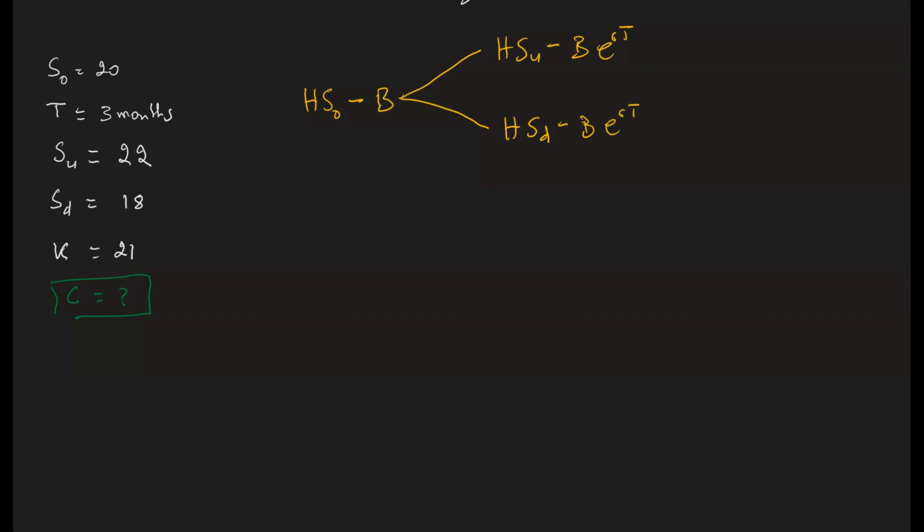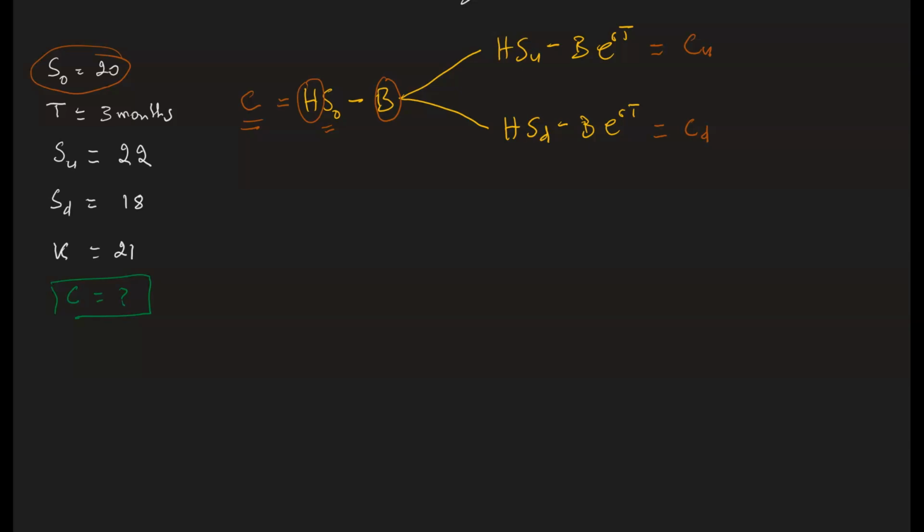And we said that if this here is equal to call up and that here is equal to call down, then this here is going to be equal to the call option value. So we're going to set that to be true, and to find our call value we need to find what H is and what B is, because we know what S0 is and this is S0.